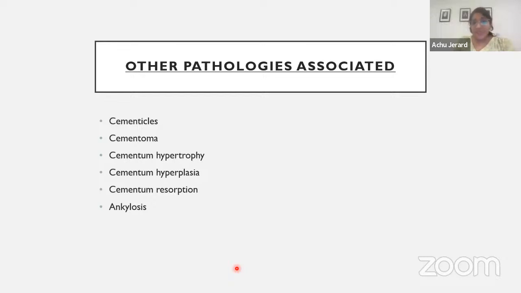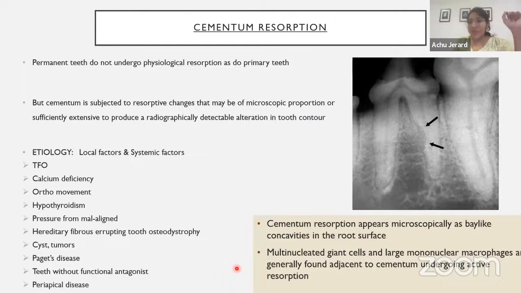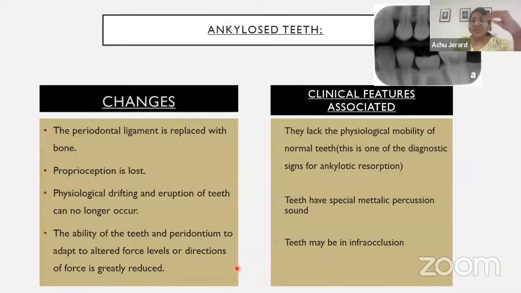And then the cementicles you also need to know, which we have in the periodontal ligament. They are calcified cemental masses seen in the periodontal ligament. Another feature in relation to cementum is ankylosis. Ankylosis is a condition where the cementum fuses with the bone, where the PDL is absent.